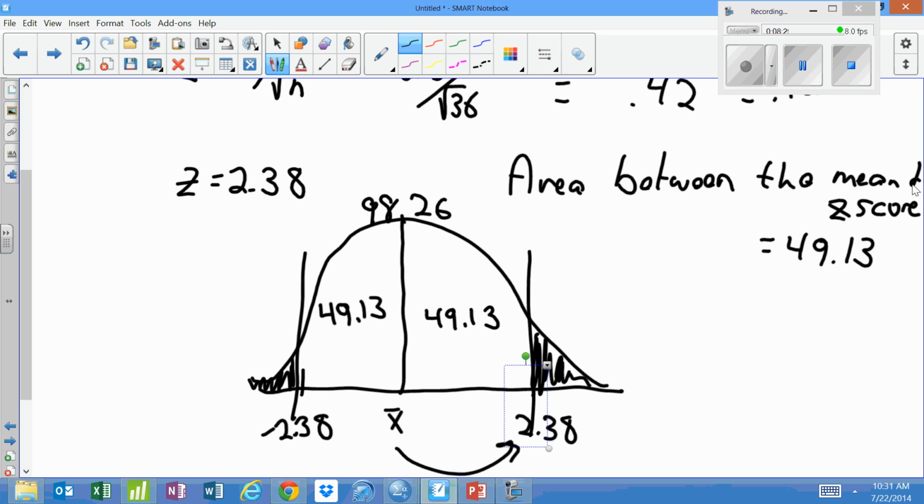So if I take 1 minus 98.26, 100 minus 98.26, I am left with 1.74. That is what's remaining out in my tails here.